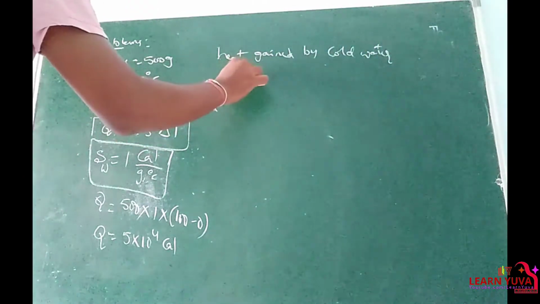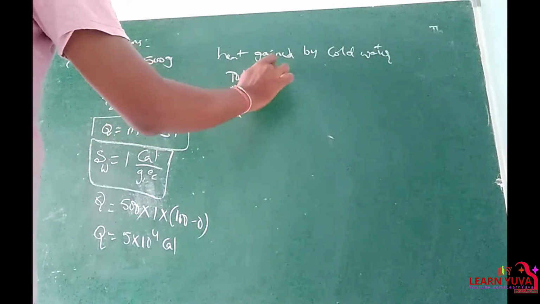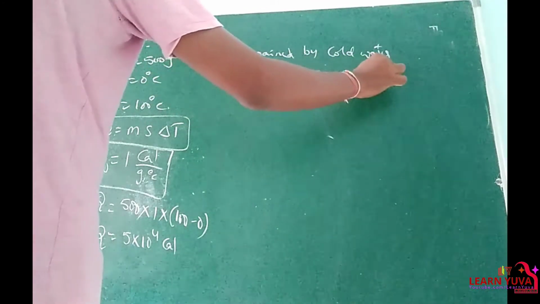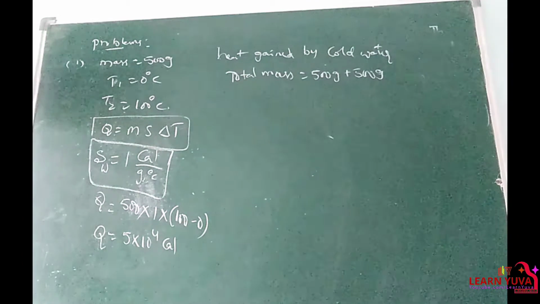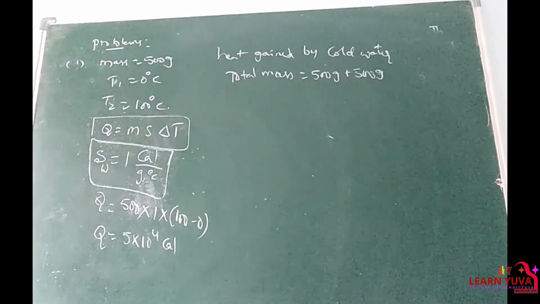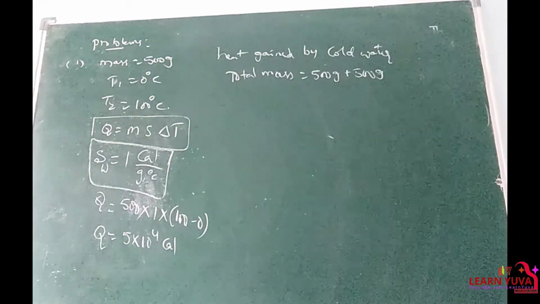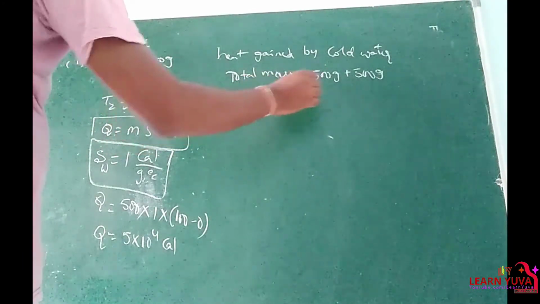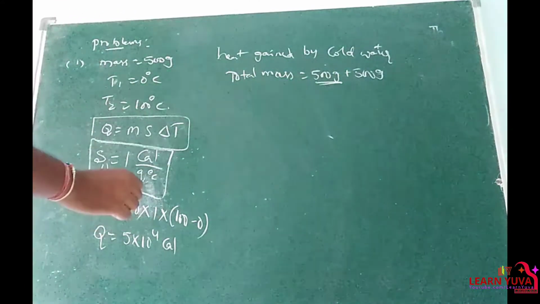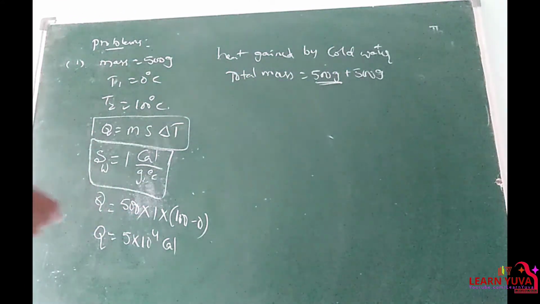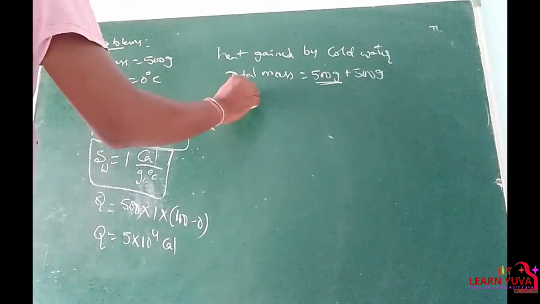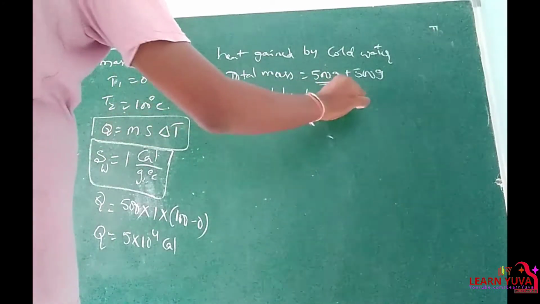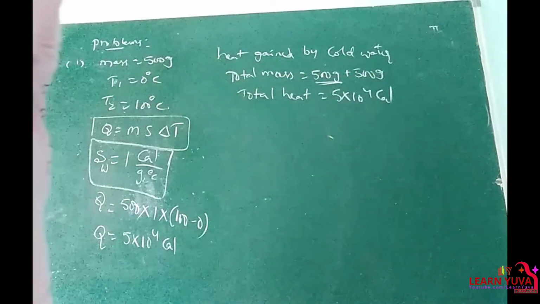Total mass is 500 grams plus 500 grams, right? But here the heat energy gained by cold water, the mass of cold water is 500 grams. The total heat energy is 5 into 10 power 4 calories.